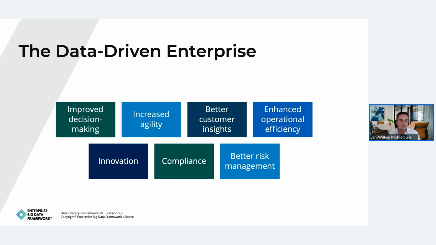I'm not going to read all of those elements out, but in a nutshell, it means that if you make data-driven decisions more consistently than a competitor, it helps you to make decisions faster, better, and typically with higher quality than organizations who don't.